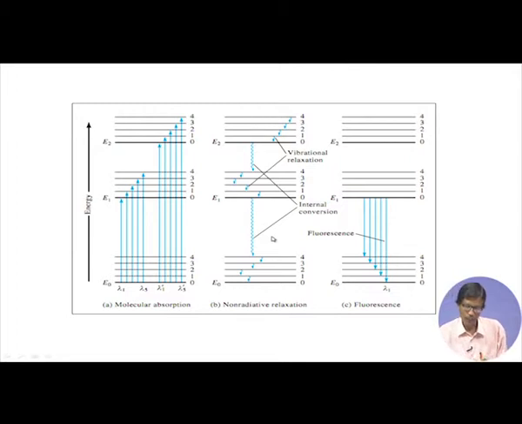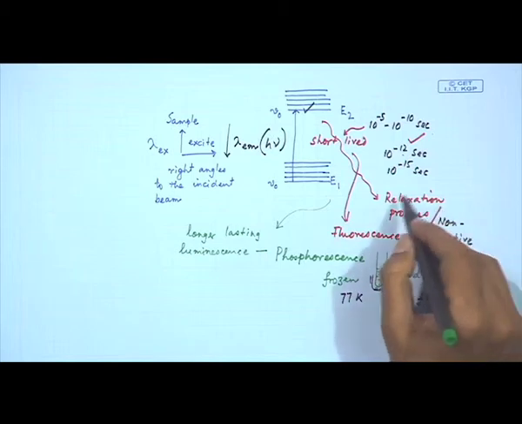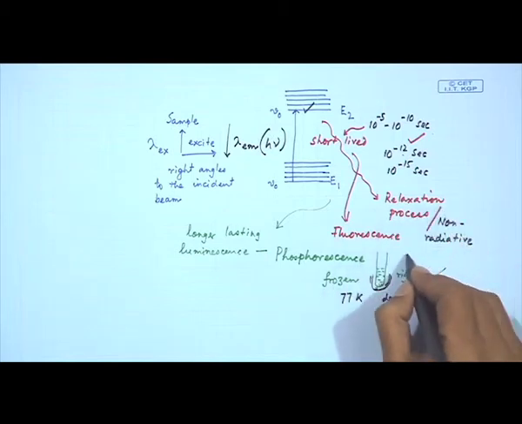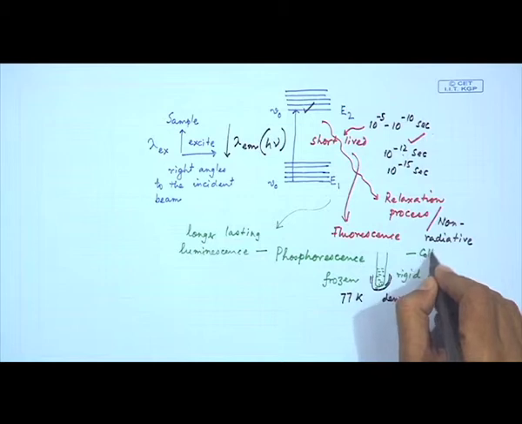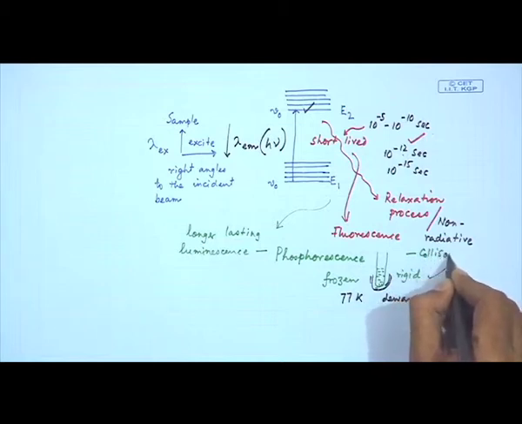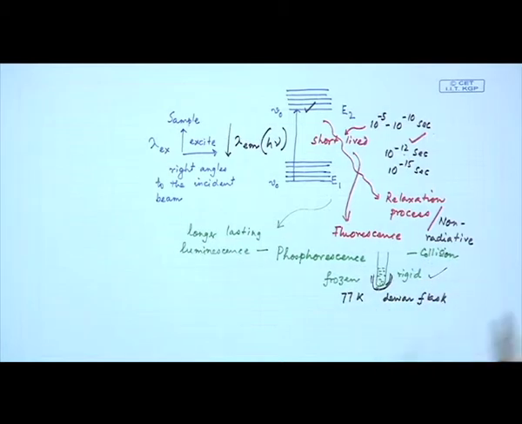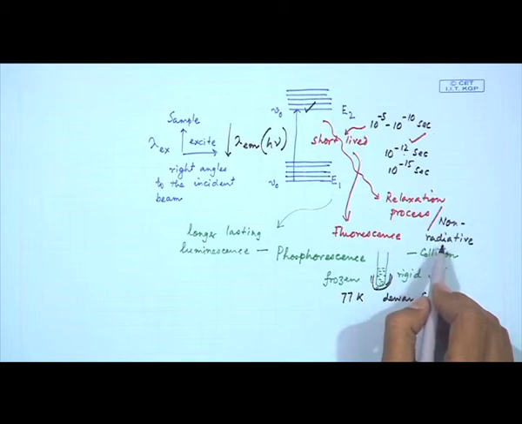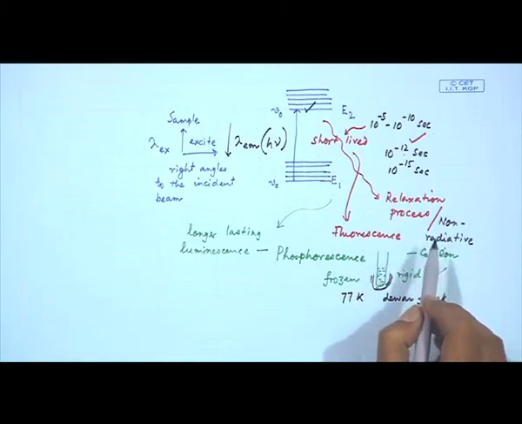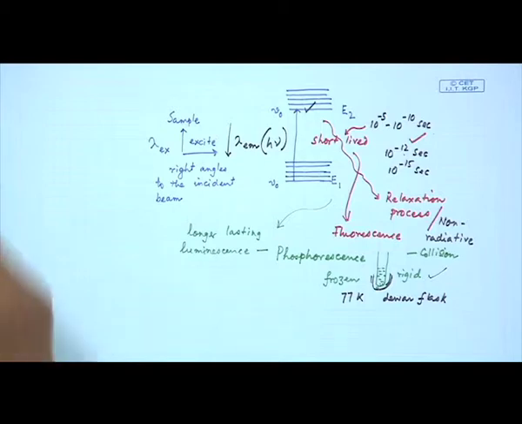So, this is the non-radiative process of relaxation, which is taking place through collision. The molecules which are interacting with each other can give rise to this collision process, and this collision process will not give rise to any radiative transition or any radiation emission.